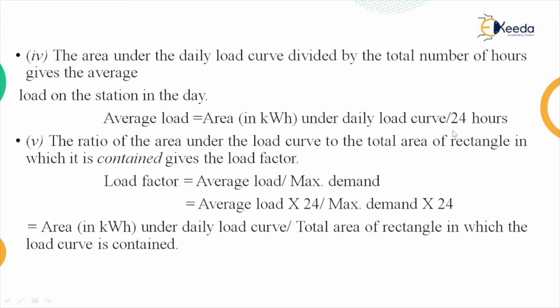Because we require average load in kilowatt, but the area is given in kilowatt hour, we divide by 24. The hours get cancelled, and we get the average load in kilowatt.